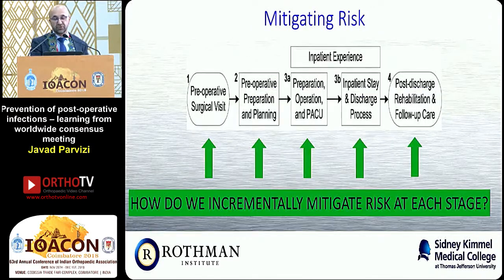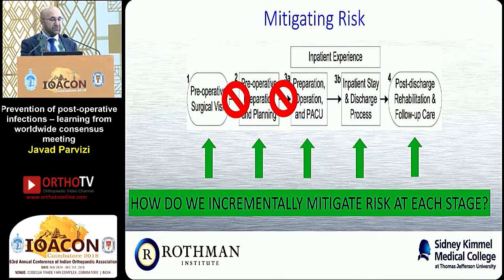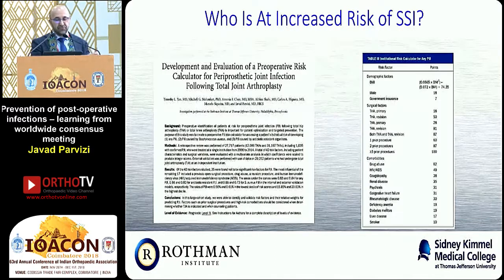So our goal is to try to prevent those in multiple steps and try to prevent the clinical outcome, which is infection. So over the next few minutes, I will try to share with you some of the strategies that are known to be effective in prevention of infection. We've developed a risk calculator. This was based on 280 different factors that we evaluated, and each of those factors was then subjected to pretest probability, and each of them has been given a different weight.